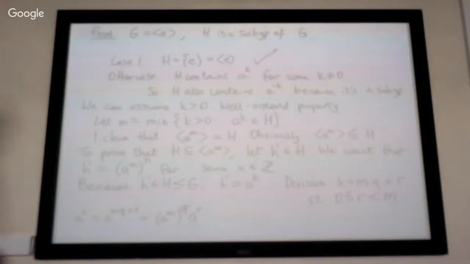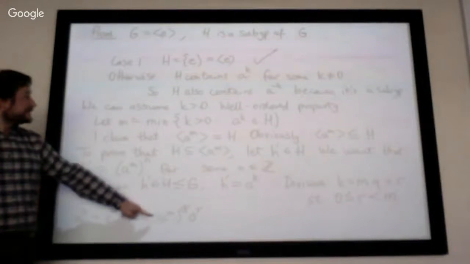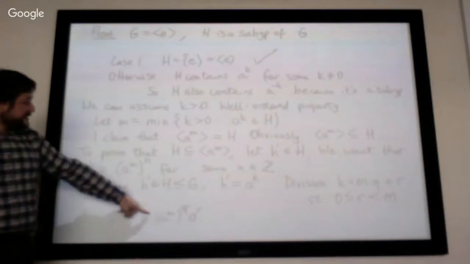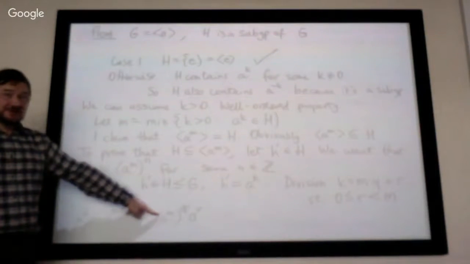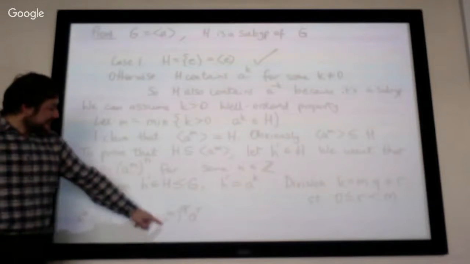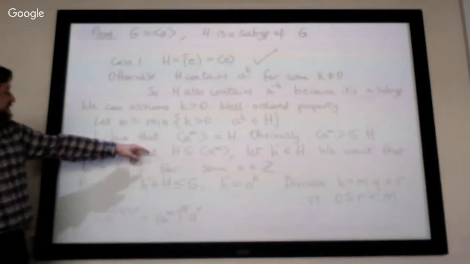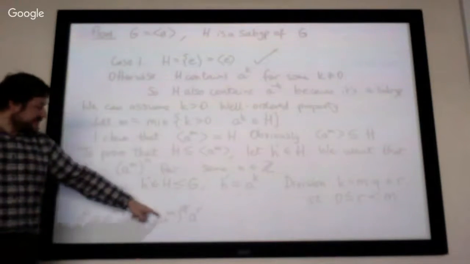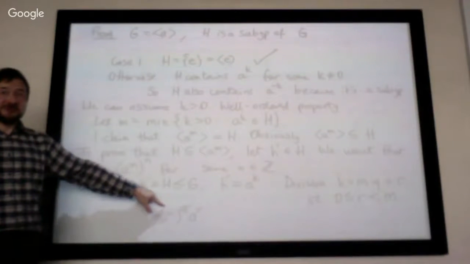Now, what we had is this element, A to the n, is in the subgroup H, because that's how we selected n. And so A to the n to the q is also in the subgroup H because H is a subgroup.